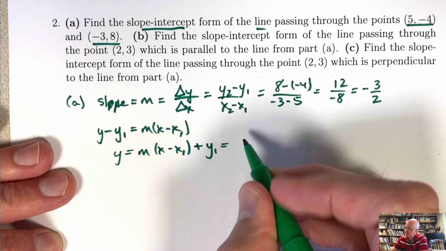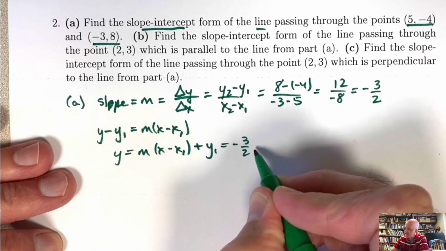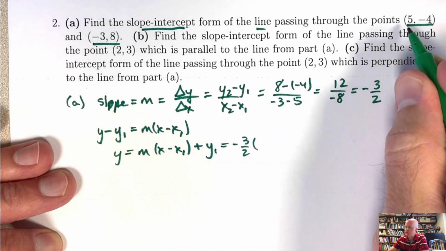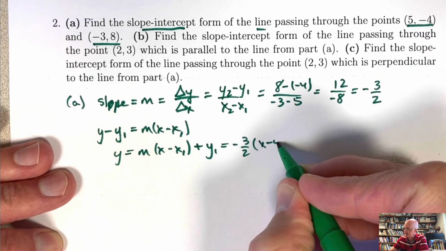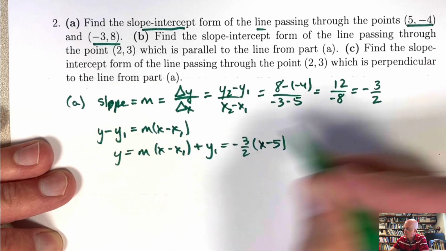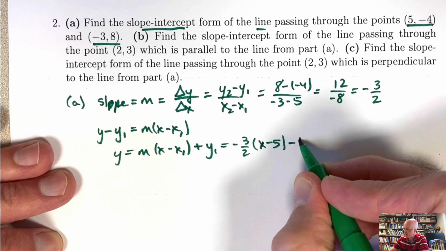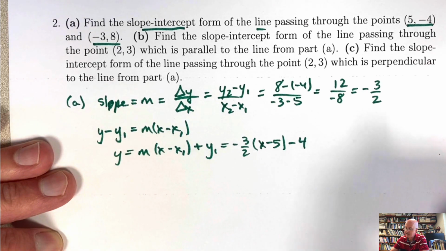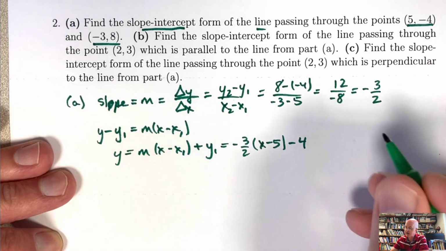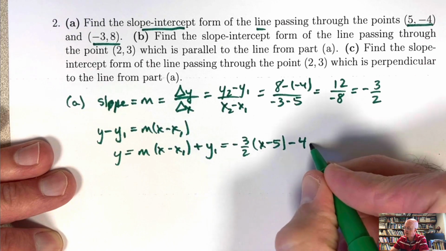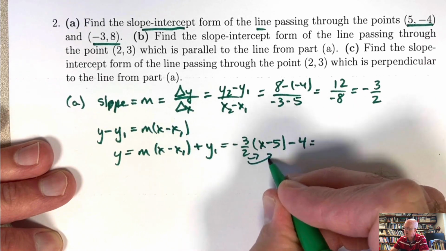Go ahead and plug the slope in. M is negative 3 halves, x minus x1. x1 is 5. That'll be like this. And then plus y1. y1 is negative 4. Adding negative 4 is the same as subtracting 4. We're not done. We need to expand this. We need to simplify it to get it to slope-intercept form. Distribute the negative 3 halves through the parentheses.